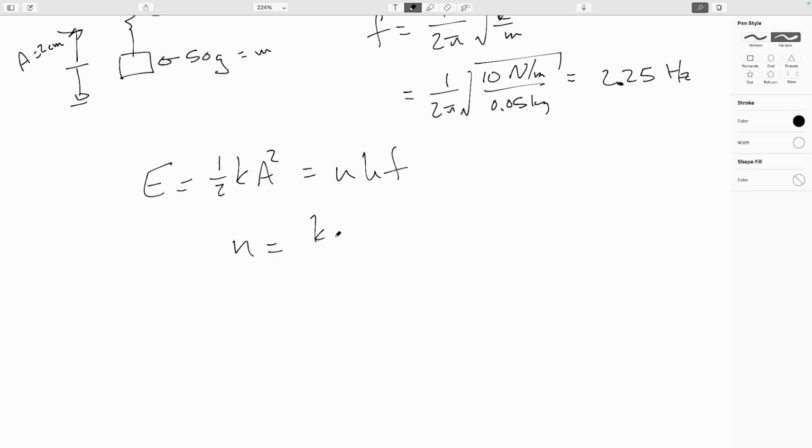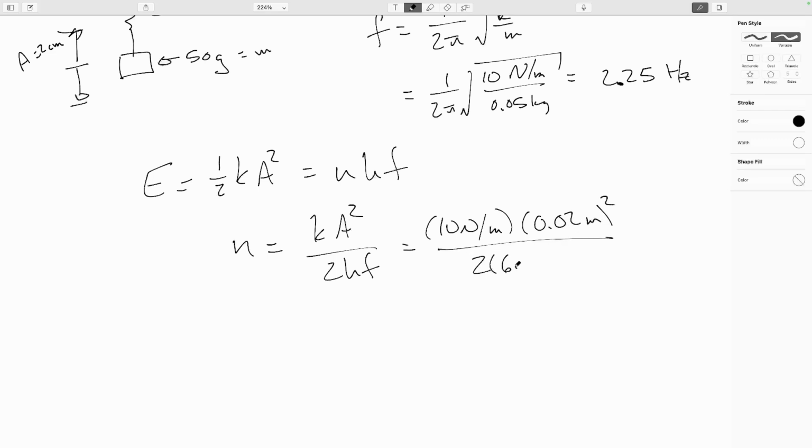It will be ka squared over 2hf. All right, so this is 10 newtons per meter, our amplitude is 0.02 meters squared, over 2 times 6.626 times 10 to the negative 34 joule seconds times our 2.25 hertz.